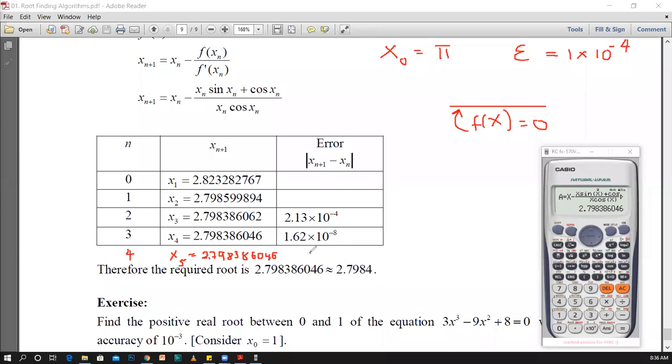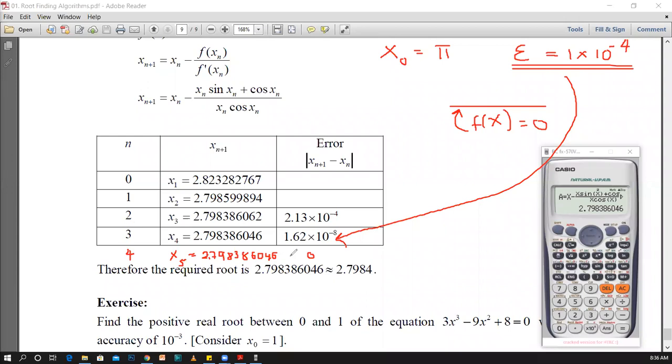Therefore, the error between x5 and x4 is now equal to 0. But we do not need the error to be 0. The predefined error limit is 1 into 10 to the power minus 4. Since we obtain that error at this stage, we can terminate the calculation from n equals 3.